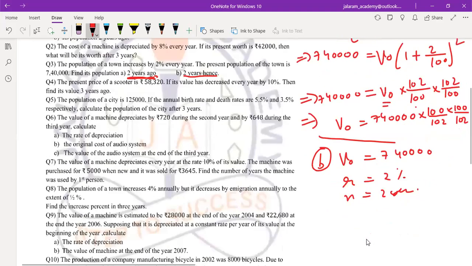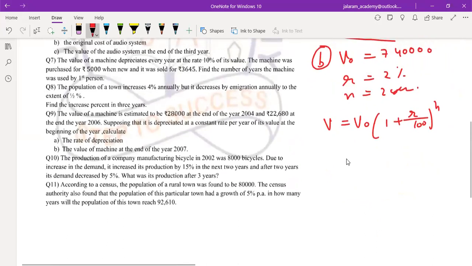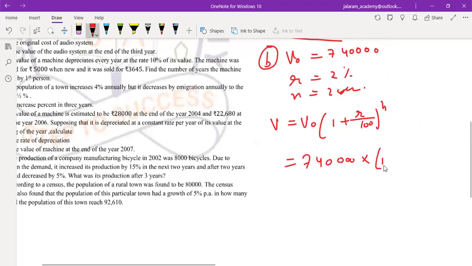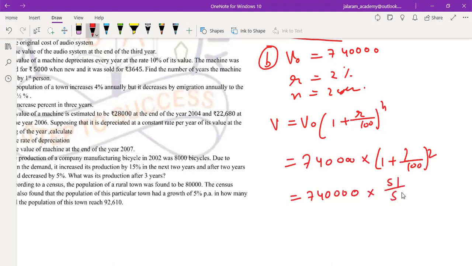So we can directly find it by using the formula V equals V naught into 1 plus R by 100 whole to the power n, where R equals 2 and V naught this time is directly 7,40,000, rate percent is 2. So we write 1 plus 2 by 100 whole square. So it is 7,40,000 into 51 by 50 into 51 by 50.